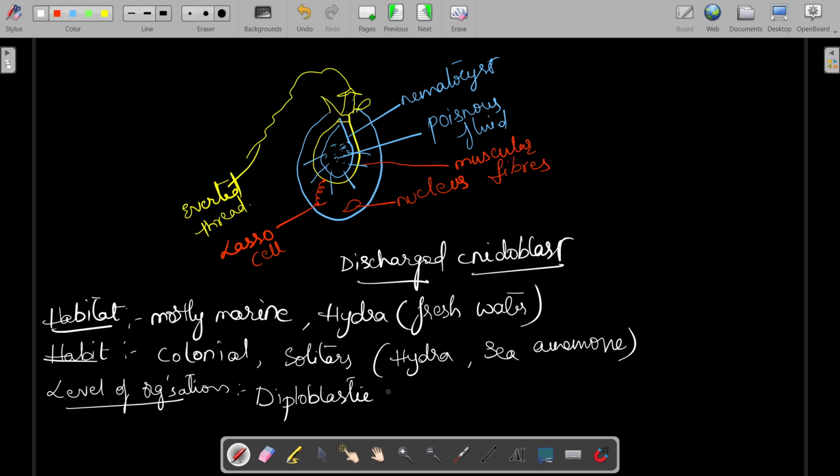That means these have layers, the ectoderm and endoderm. So the body shows two layers, and so these are called diploblastic animals. So the level of organization is tissue level of organization.